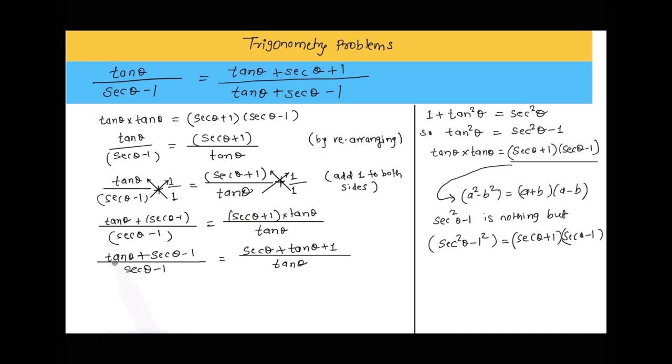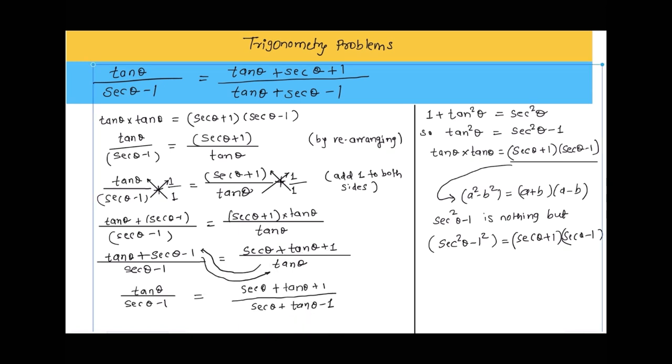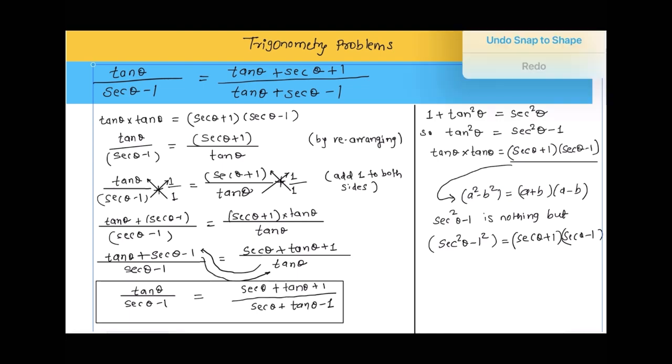We get tan theta plus sec theta minus 1 upon sec theta minus 1 is equal to sec theta plus tan theta plus 1 upon tan theta. Let's rearrange. Let's send tan theta to LHS and tan theta plus sec theta minus 1 to RHS. We get tan theta upon sec theta minus 1 is equal to sec theta plus tan theta plus 1 upon sec theta plus tan theta minus 1, which is nothing but what we were supposed to prove.